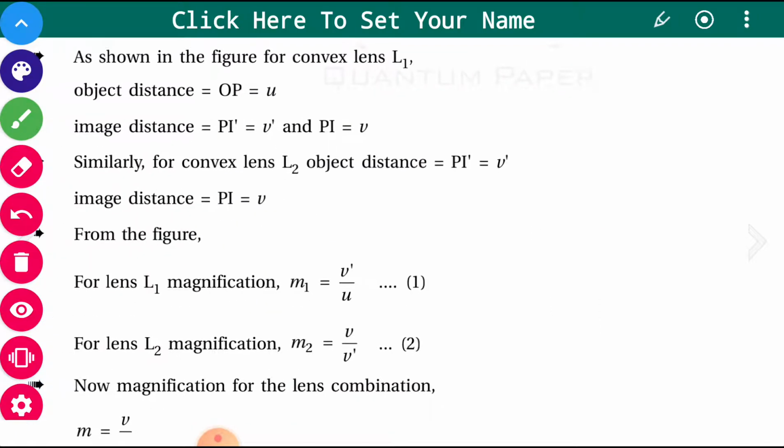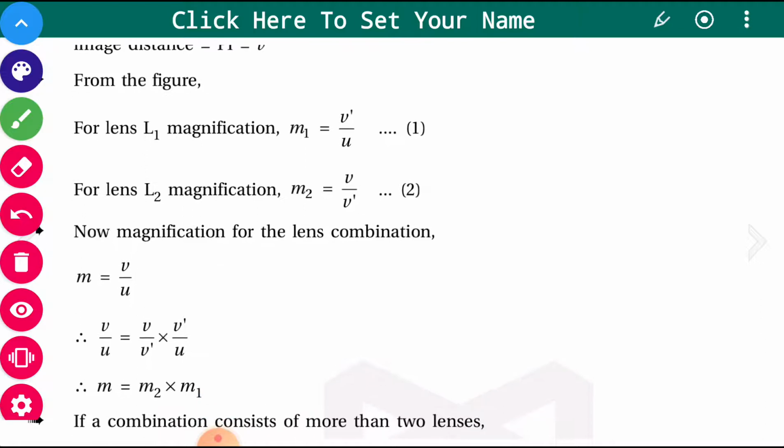that for the first lens the magnification m1 is v prime upon u, image distance upon object distance, and finally for the second lens m2 is v upon v prime. Now, if you want to find the magnification of the combination, it is v upon u, because the magnification of a lens is image distance upon object distance.